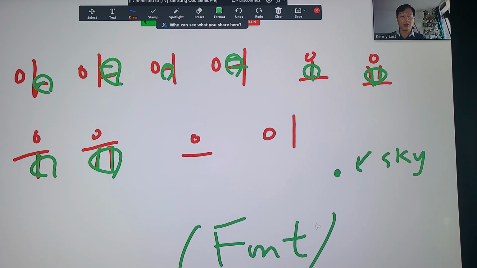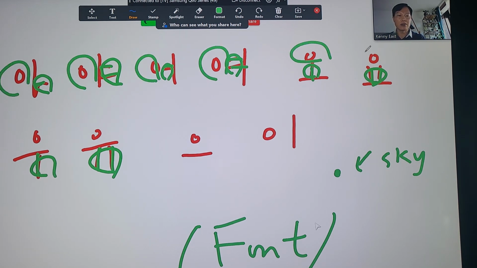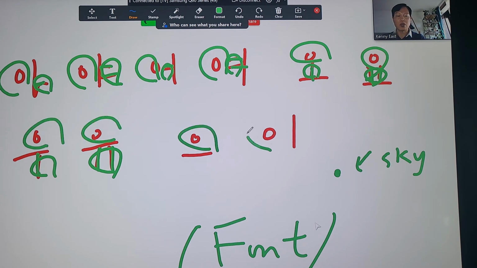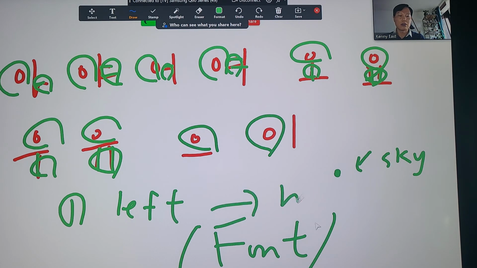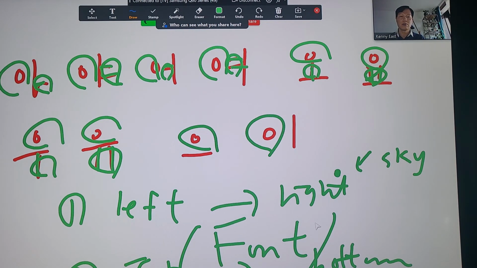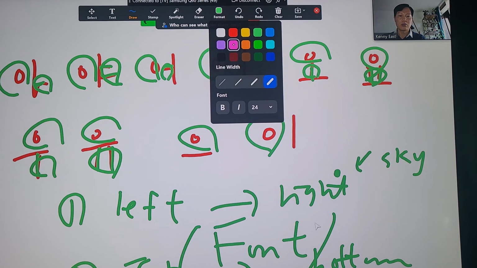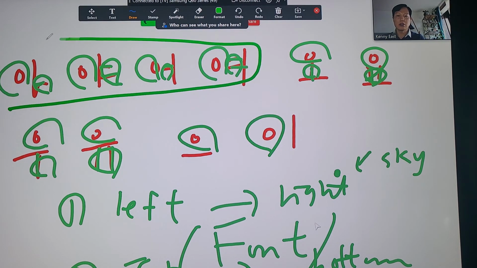But remember, Korean vowels always start from the circle first. You have to write the circle first. Remember as well, the writing method in Korean letters is always left to right first, and the second method is top to bottom. So for the first four vowels here, as you can see, all are left to right, because you have to write the circle first, right?